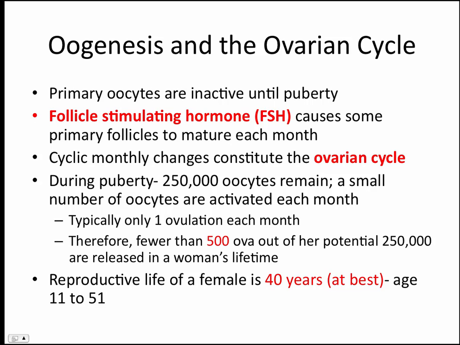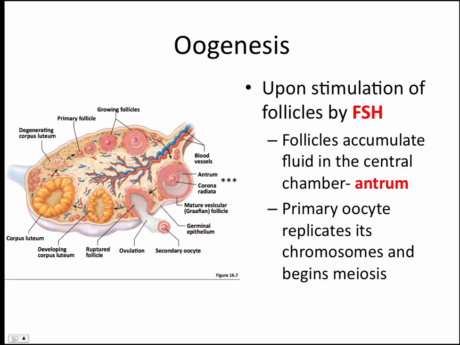And that's also why you only get 500 out of all of these 250,000 that are going to be released into that fallopian tube. Reproductive life of a female, not like a male's, is going to last 40 years at best, and around age 11 to 51 is when you have your reproductive lifespan.